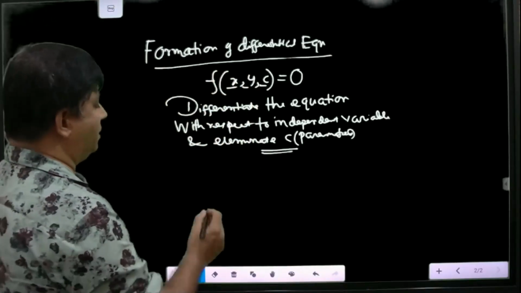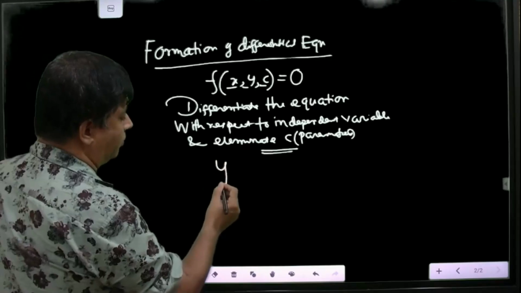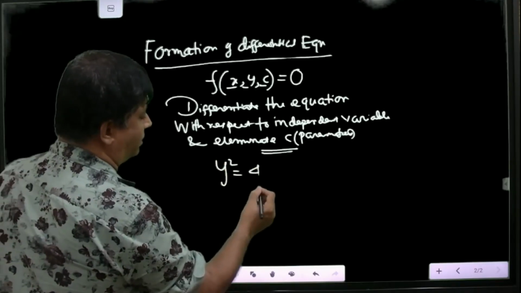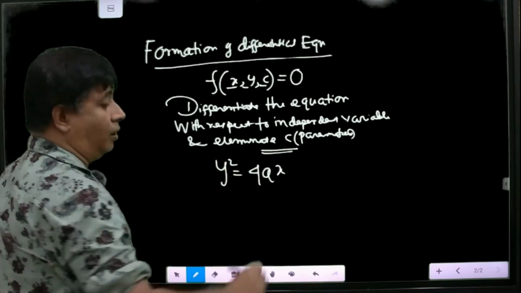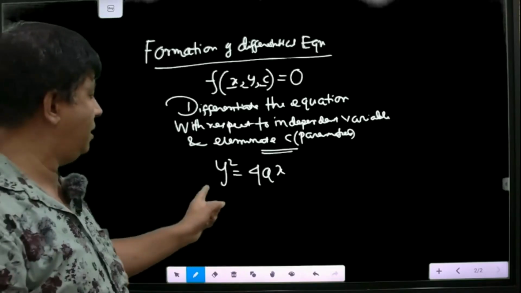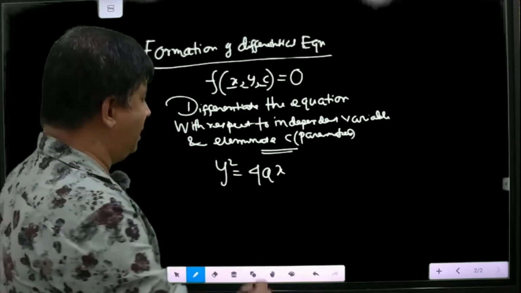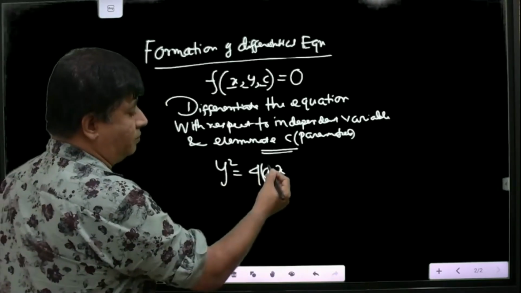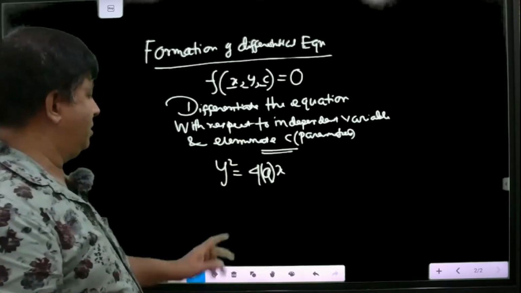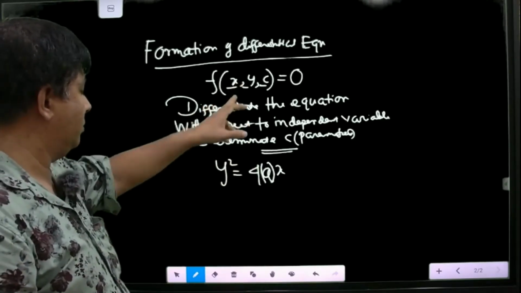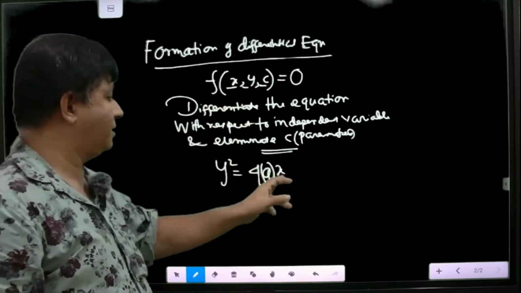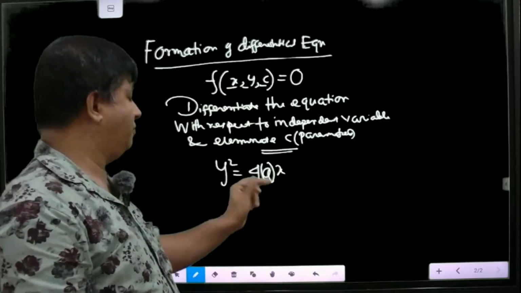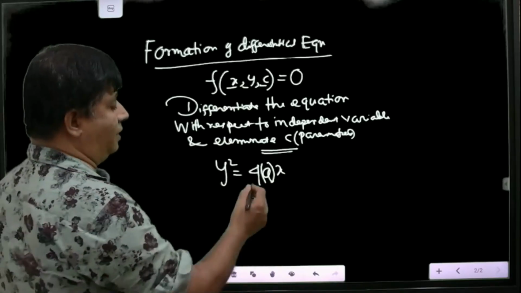For example, suppose you have got y square is equal to 4ax. All of you know this is the equation of a parabola. So here a is the parameter, meaning the focus geometrically. Here y is the dependent variable, x is the independent variable, and 4a is constant.